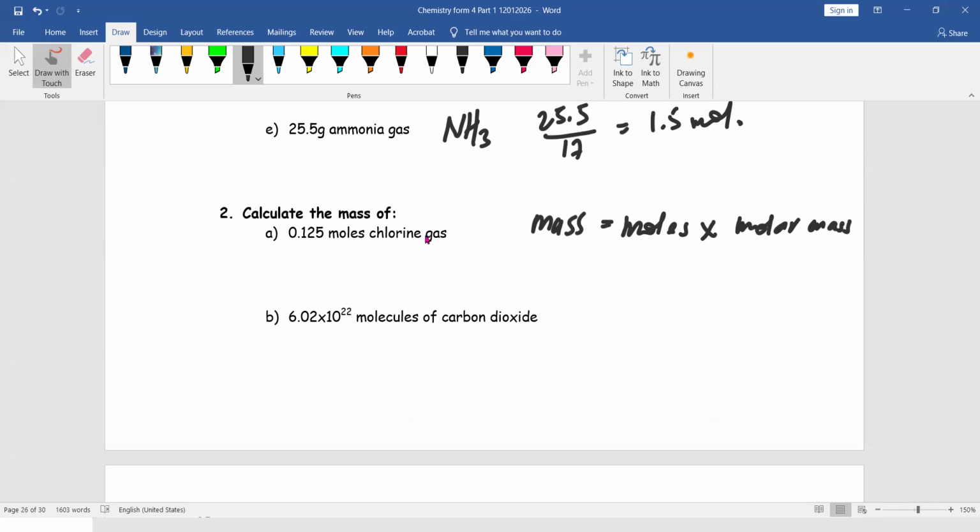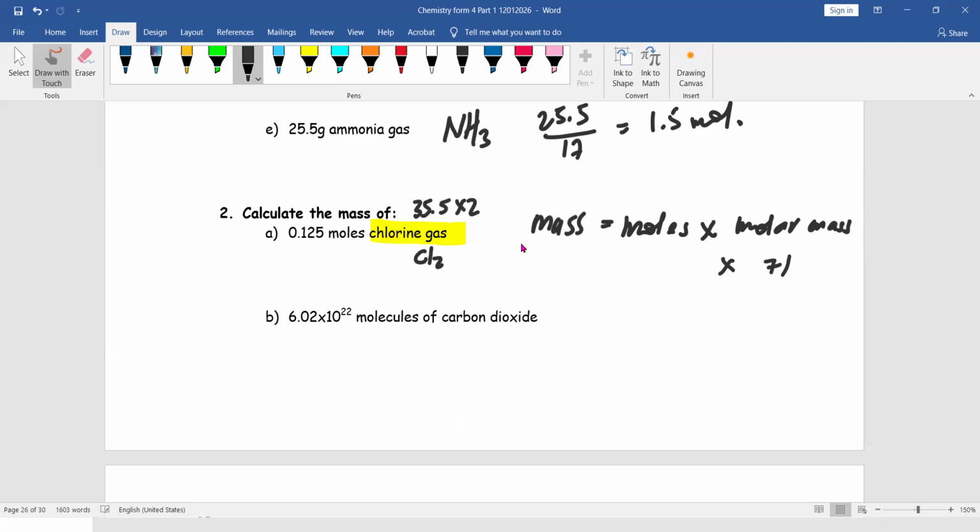Do you understand what to do? So how much is chlorine in the periodic table? Chlorine is Cl2, all right? Correct? In the periodic table it is 35.5. So it's 35.5 times 2. So how much do you get? 71.